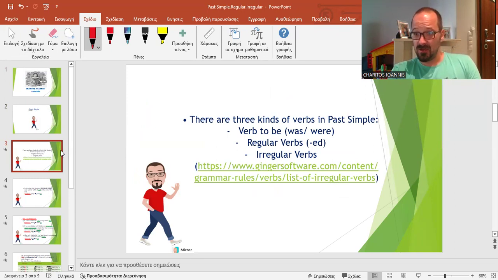About the irregular verbs, since they are irregular, this means that they do not follow the rules of past simple when it comes to their past form, but we must know a list or the list of irregular verbs. And here what I have done is that I have attached exactly here one of the thousands of lists that you can find online as a sample.